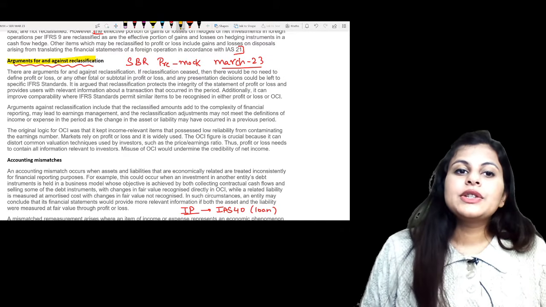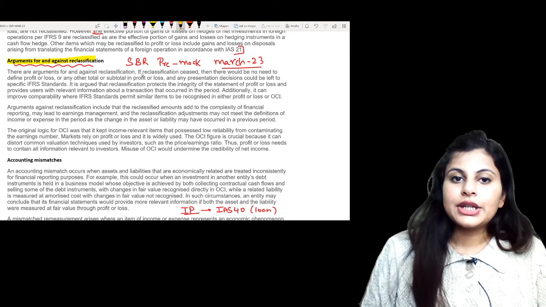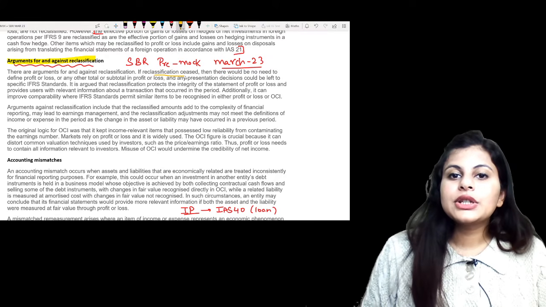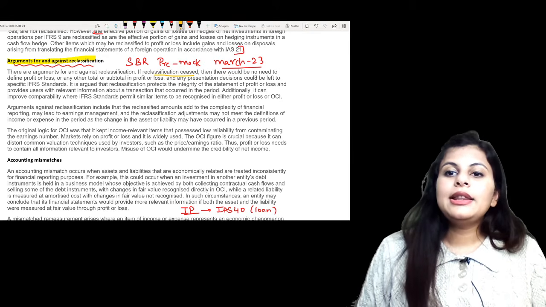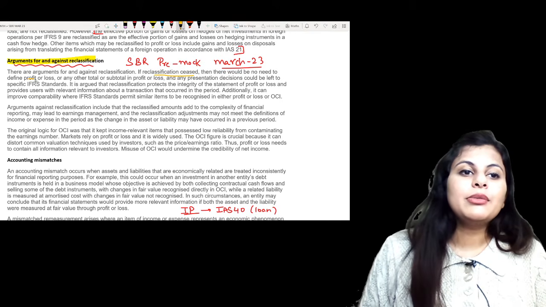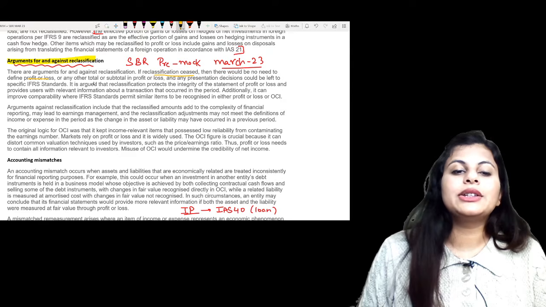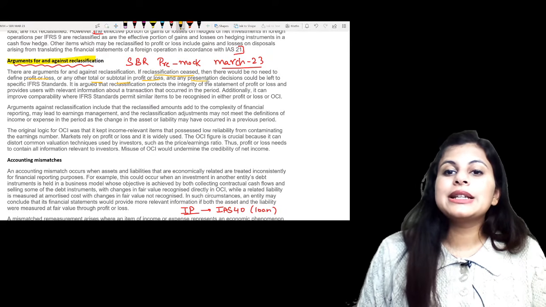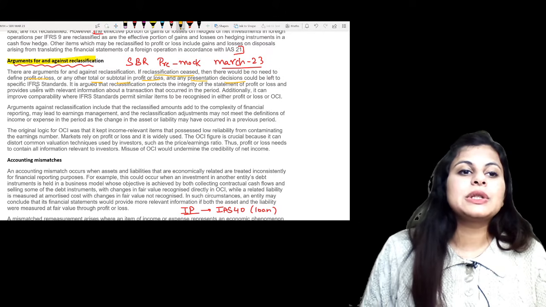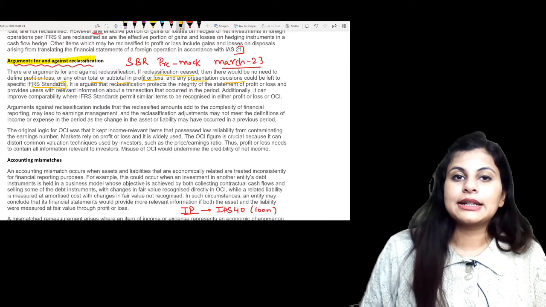There are arguments for and against reclassification. If reclassification ceased, that means if there was no reclassification, then there would be no need to define profit or loss or any other total or subtotal in profit or loss, and any presentation decisions could be left to specific IFRS standards.